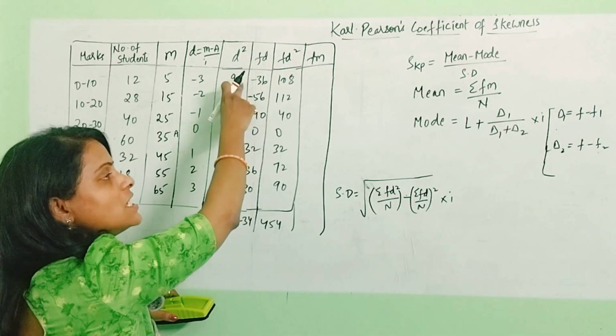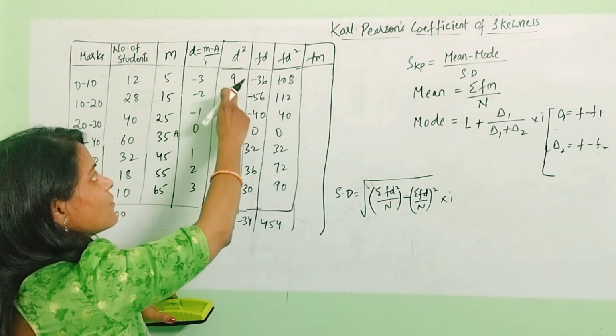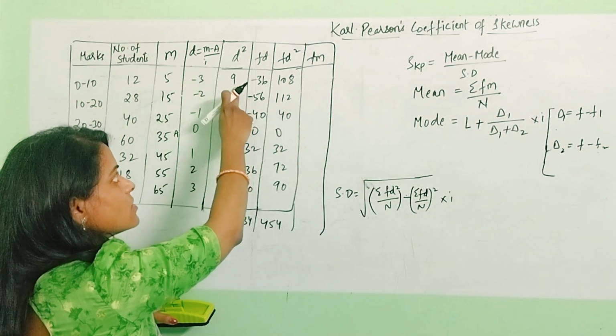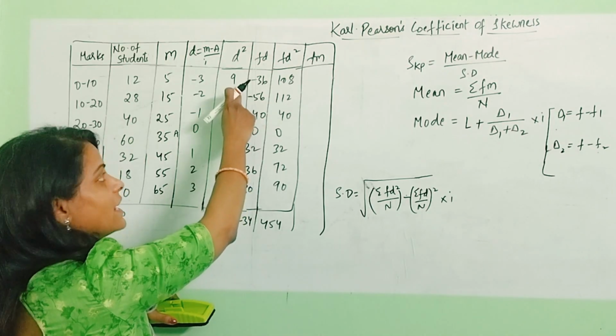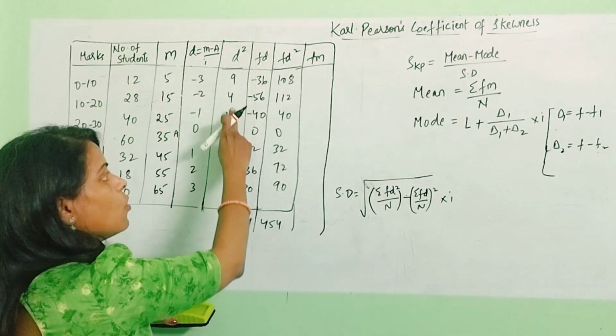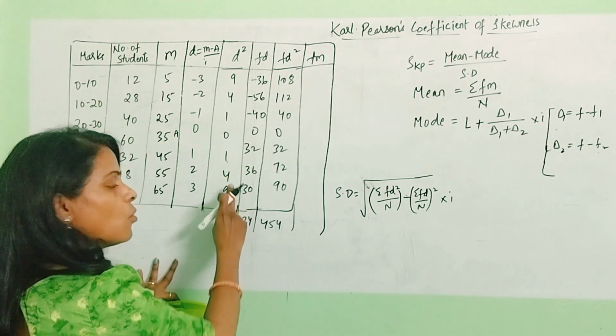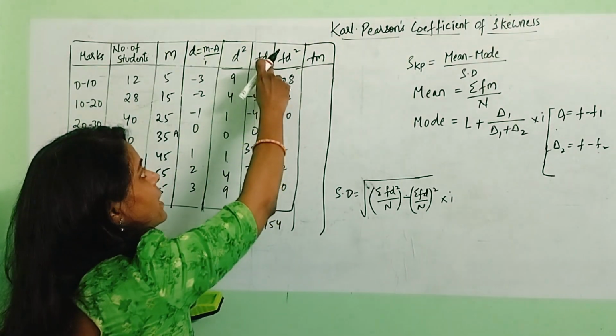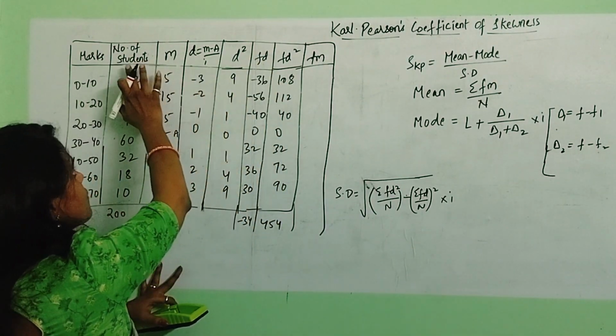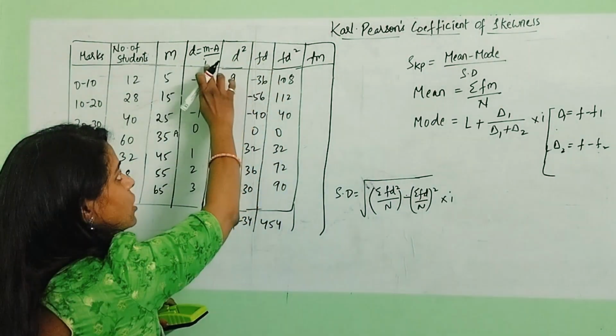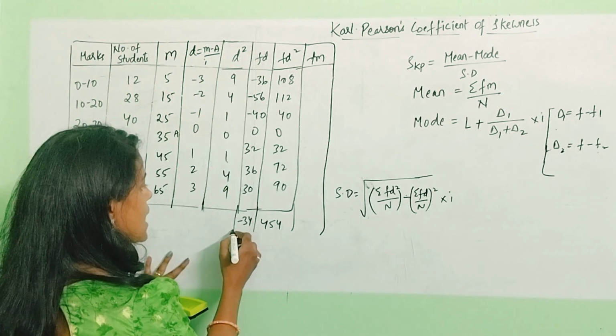Then next is d square, so you have to square these values. Minus 3 into minus 3 is 9. Then the square of minus 2 is 4, then 1, 0, 1, 4 and 9. Then fd. What is fd here? That is frequency multiplied by the d value. I'll calculate one value.